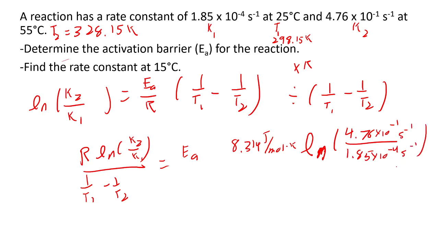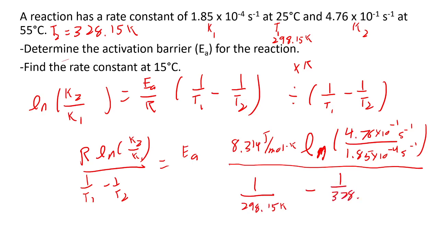Note, make sure you're paying attention to which goes on top and bottom. It's very easy from other patterns to accidentally put K1 on top here if you meant to put K2. So just don't let that happen to you. And then I have 1 over 298.15 Kelvin minus 1 over 328.15 Kelvin. And all of that is going to be equal to our EA value.